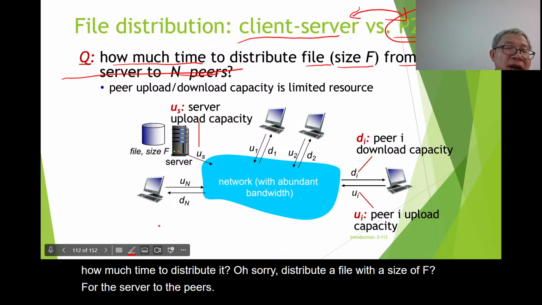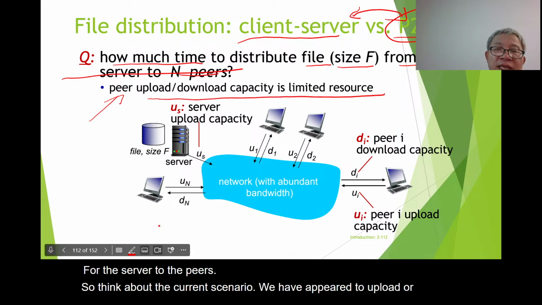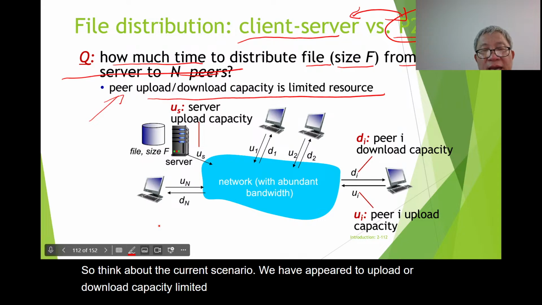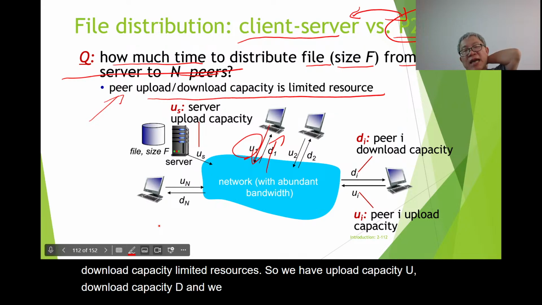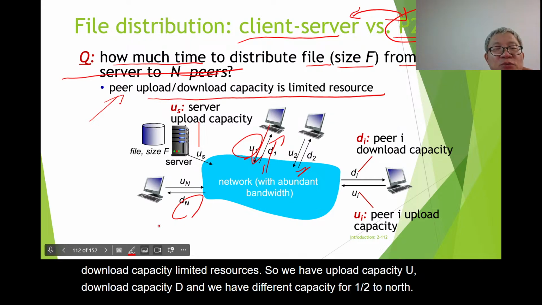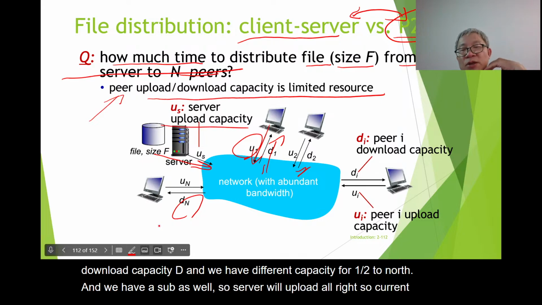So think about the current scenario. We have peers with limited upload and download capacity resources. So we have upload capacity u and download capacity d, with different capacities for peers 1, 2 to N. And we have a server as well. The server will upload, with its own upload capacity.